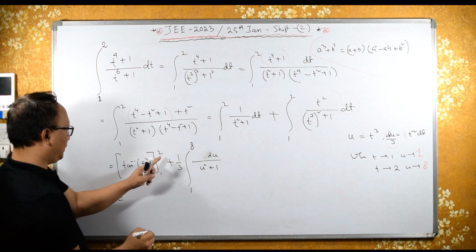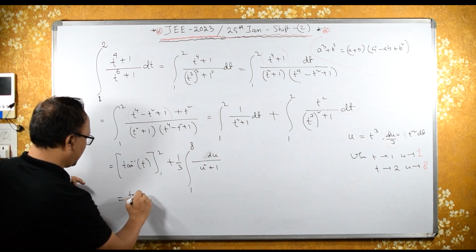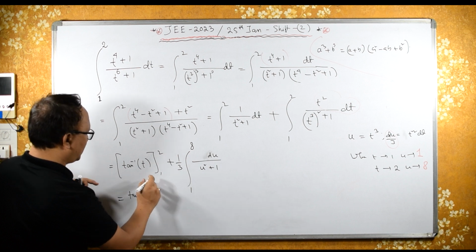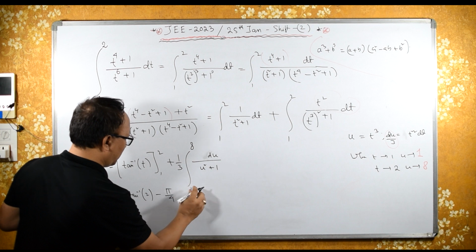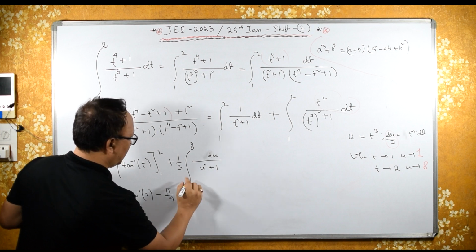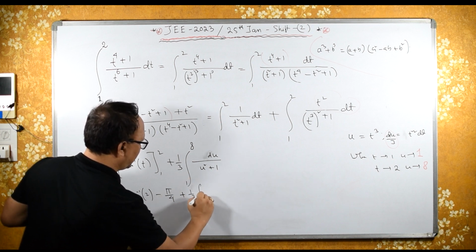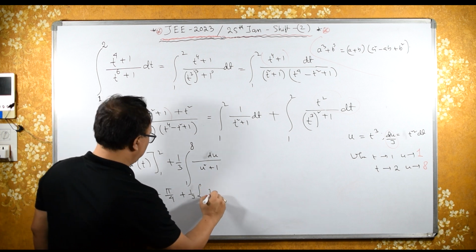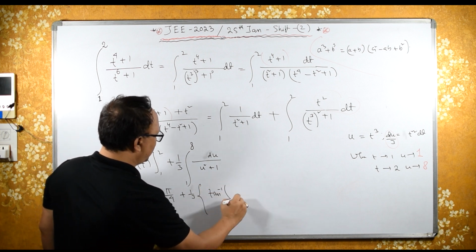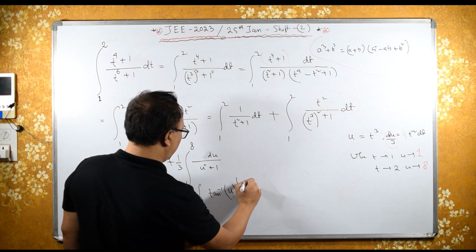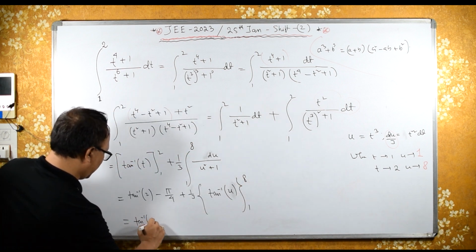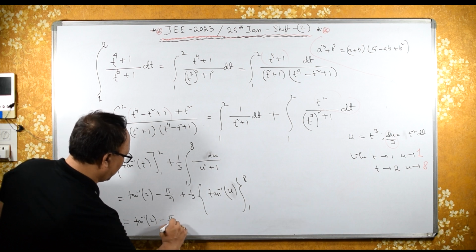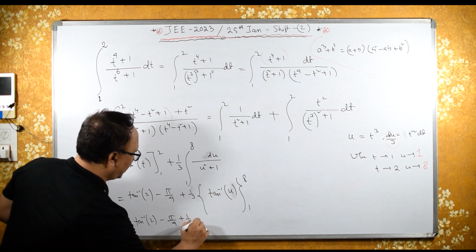Now if I substitute here, I will get tan inverse 2 minus tan inverse 1, which is pi by 4, 45 degrees, plus 1 by 3 times the integration of this, which is tan inverse u from 1 to 8. This is the same as tan inverse 2 minus pi by 4 plus 1 by 3.